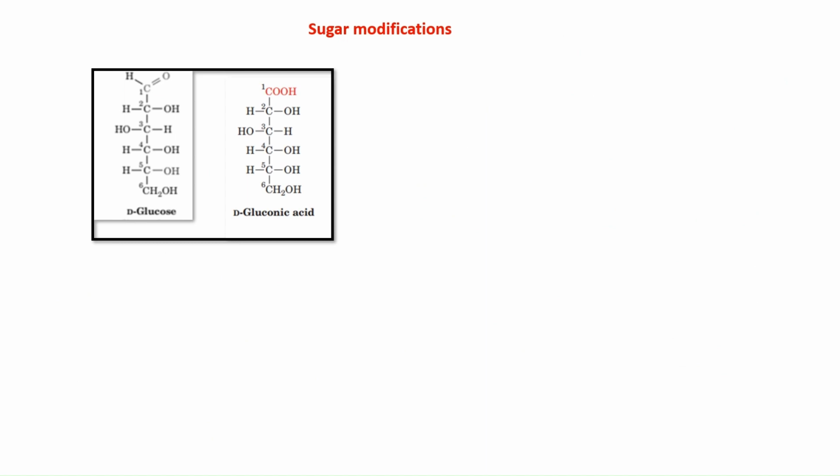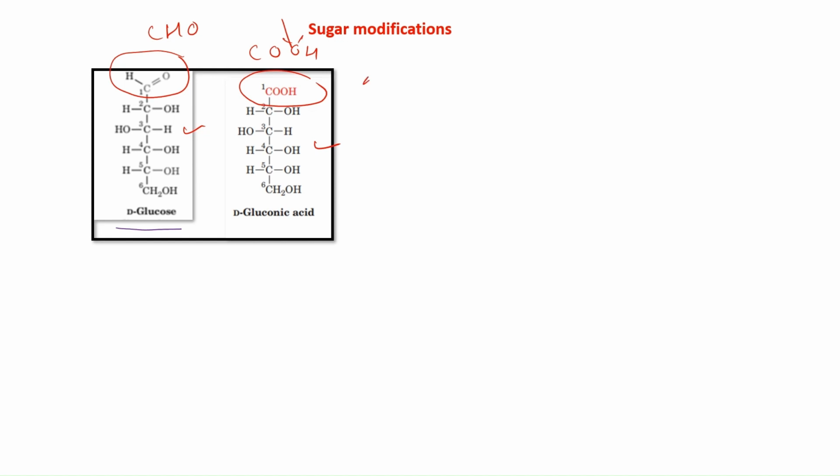Next is sugar modifications. Now, this is the first modification. What is happening here? This is a D-glucose. What is the difference between this structure and the second structure? COOH. In glucose, it is an aldehyde, CHO. Here, it becomes COOH. So, one oxygen extra. So, oxidation. What happened here?